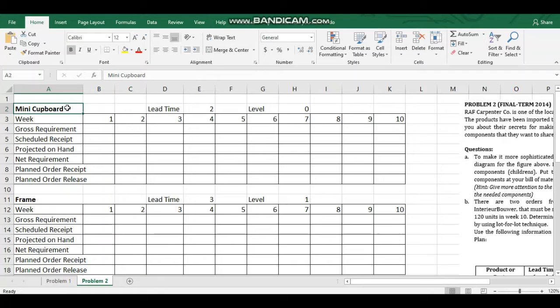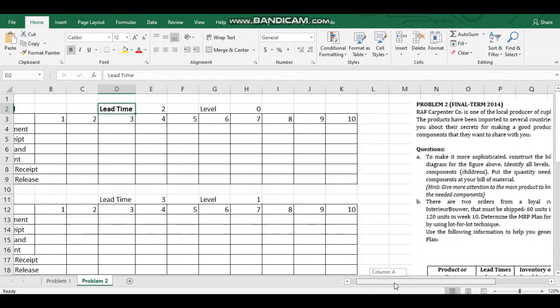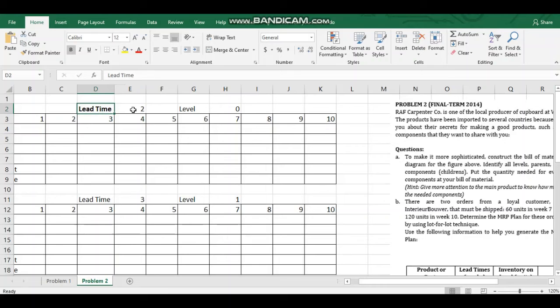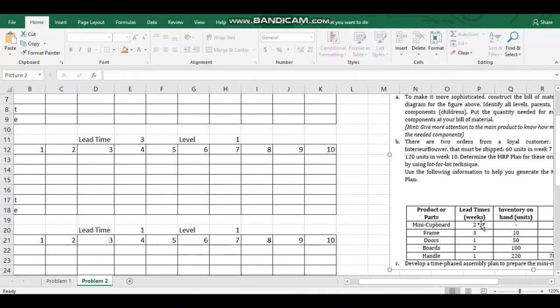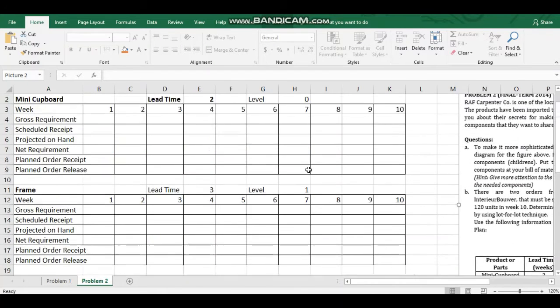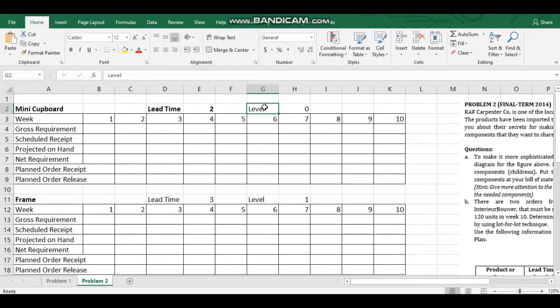Lead time, don't forget, its lead time is 2 weeks. You could see it here. So don't forget to write down its level.